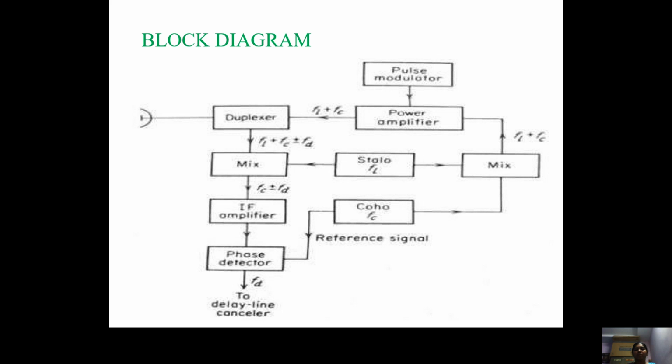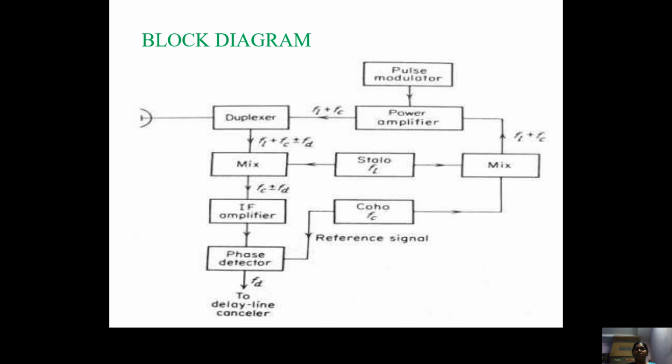In mixer 2, the received echo signal and the stable local oscillator signal are combined together. So what is the use of the mixer here? The mixer generates either the sum or the difference of the signals. The echo signals coming from the fixed targets, which have the same amplitudes, will be cancelled out.